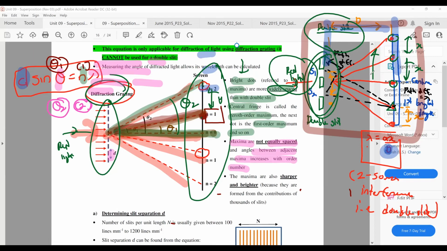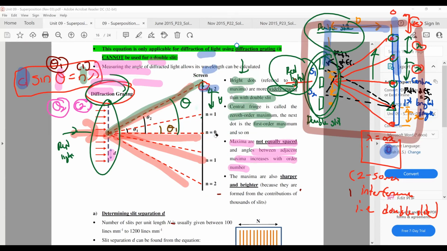I can also go on to the next pair of fringes. The x will also remain the same. They won't change. But when you're talking about a diffraction grating, let me just erase everything here.